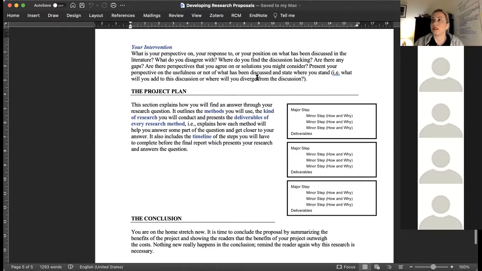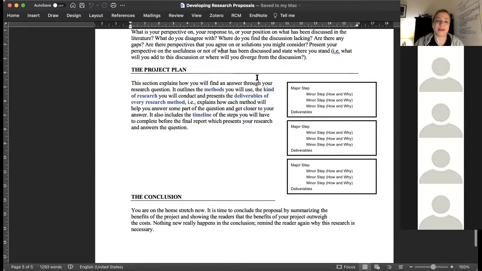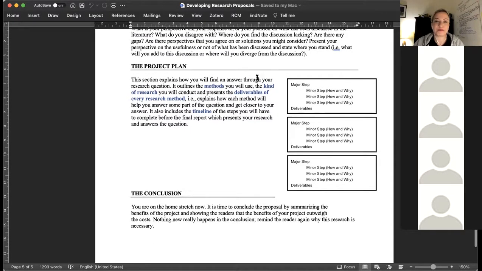I think my bird is imitating me. Okay. So the project plan, I think, yeah, because he's standing in front of the mirror and just like talking.